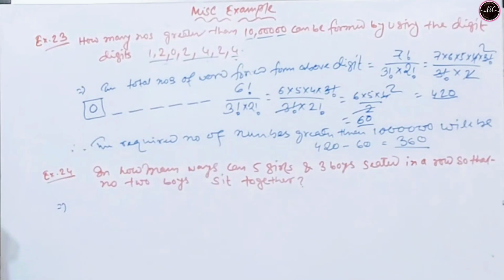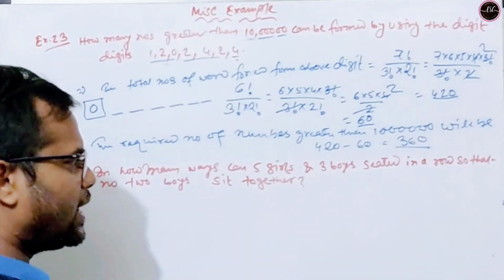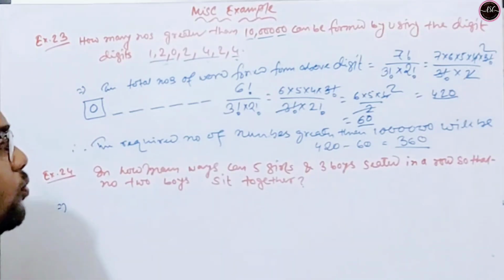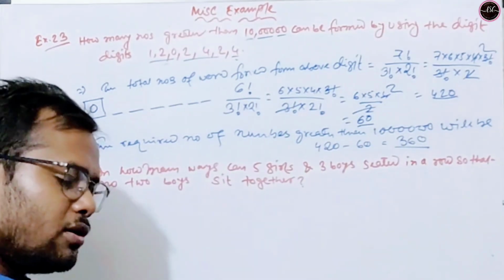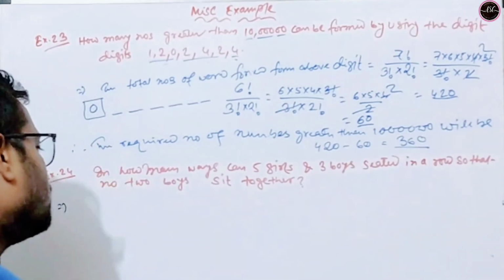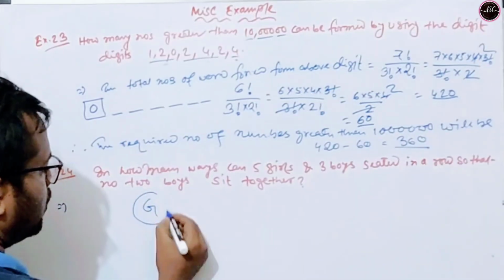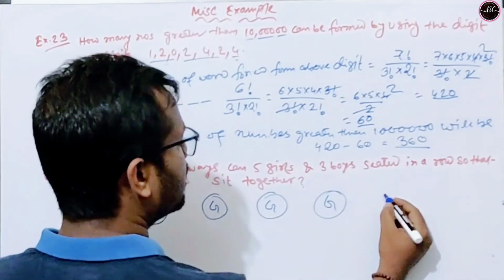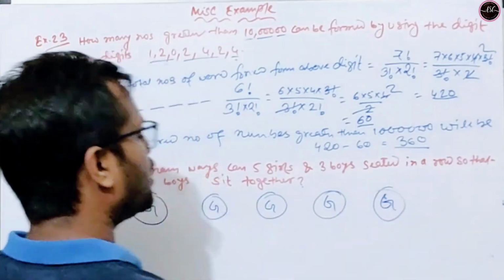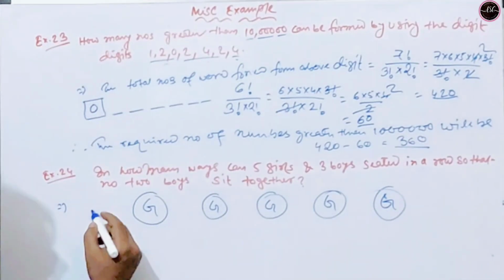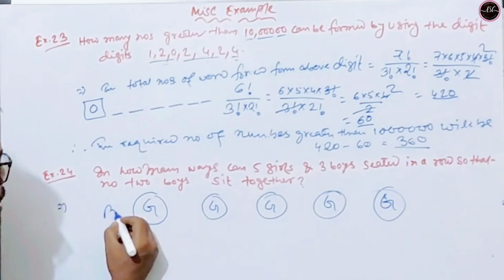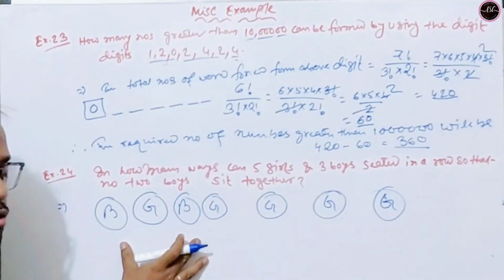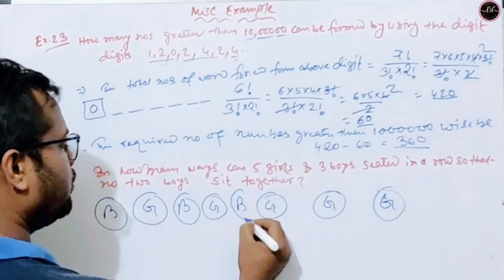Now for this: in how many ways can 5 girls and 3 boys be seated in a row so that no 2 boys sit together? Okay, there should not be 2 boys together. Just look, 1 girl, 2 girl, 3 girl, 4th girl and 5th girl here. If we place one boy here, and then the next boy here, so 2 boys are not together, and then the next boy will be here.